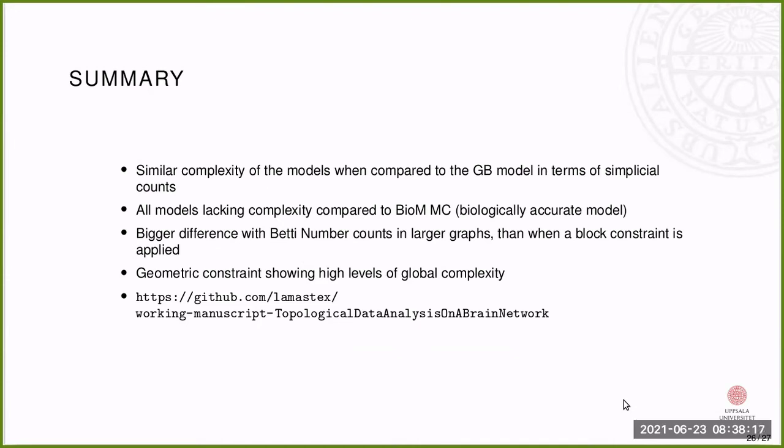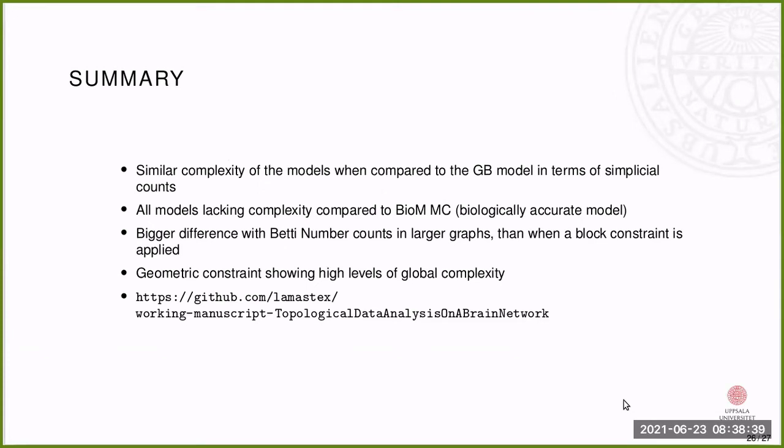And we found with some of these constraints that we were finding better and better likenesses towards the BioM microconnectome, but still a long way off, which is obviously showing a lot of order and complexity within this model.